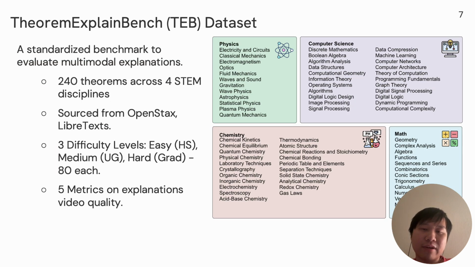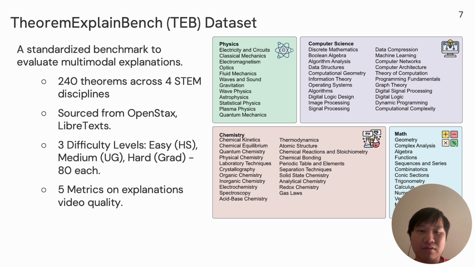Then to evaluate this, we create the TheoremExplainBench dataset, which is a standardized benchmark with 240 theorems across math, physics, chemistry, and computer science. In each of the categories, there are 3 difficulty levels, from high school to undergraduate to graduate level.